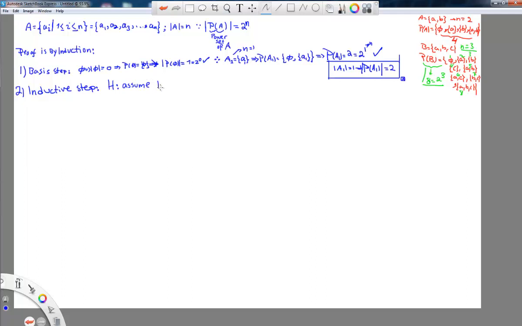Assume that if the size of A sub n, a set, is n, where A sub n is made of elements A sub i, such that there are n of these i's, then the size of the power set of A sub n is equal to 2 to the n.